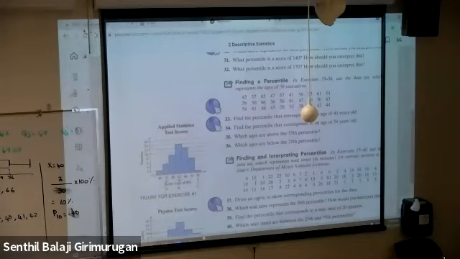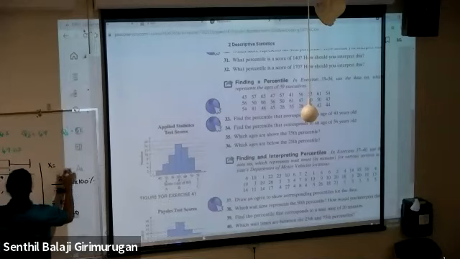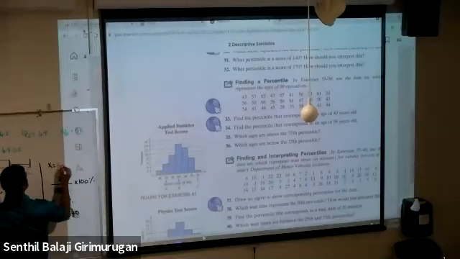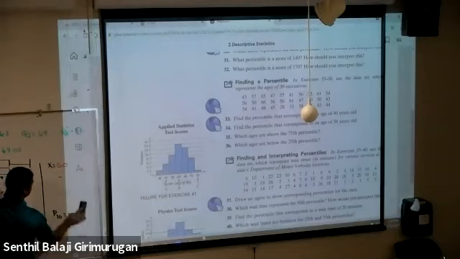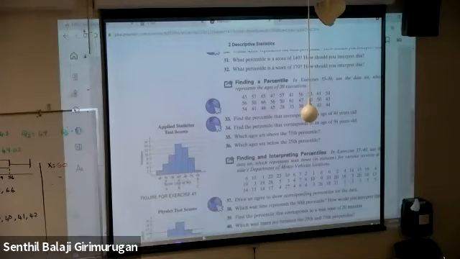So let me ask another question. The percentile that corresponds to the age 60. I'll give you a few minutes, but even before you start, could it be P10? Could it be P14?